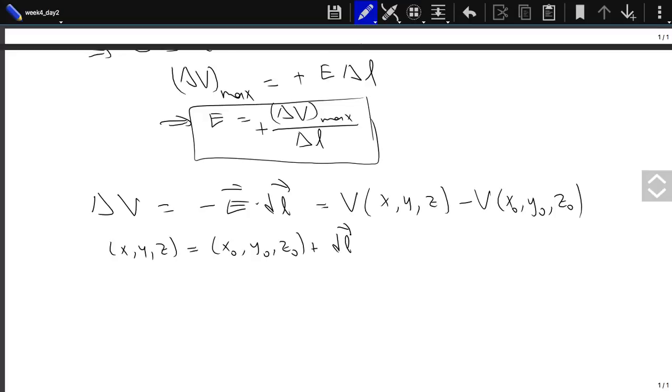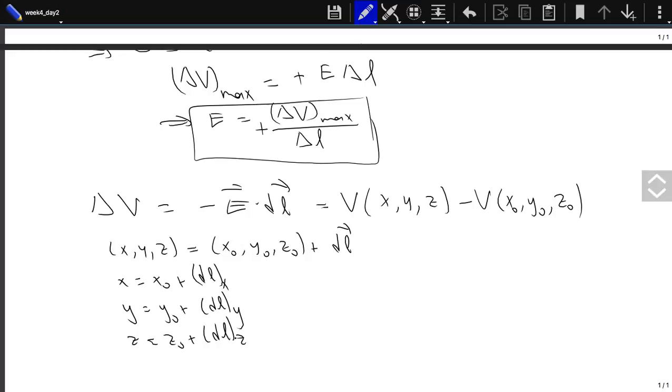So is this notation clear? This just tells me that x should be x0 plus the x component of dl, y is equal to y0 plus the y component of dl, and z is equal to z0 plus the z component of dl. Whatever dl vector you consider, this equality has to be true.